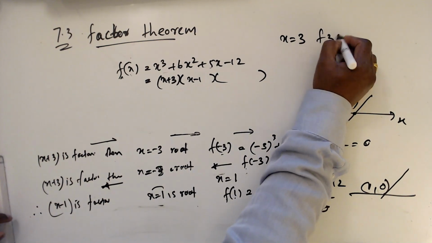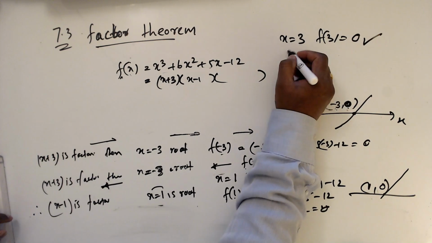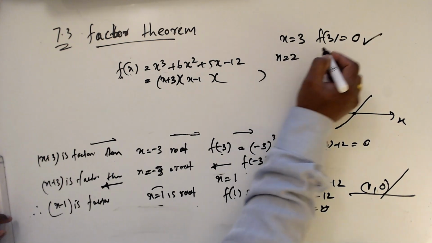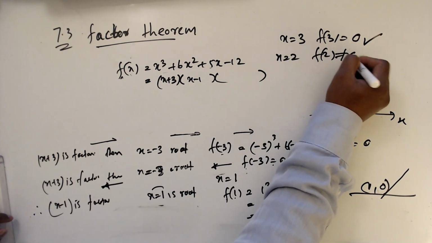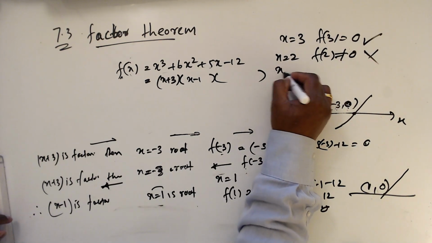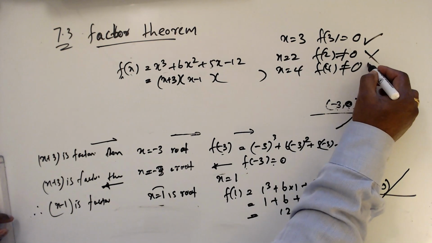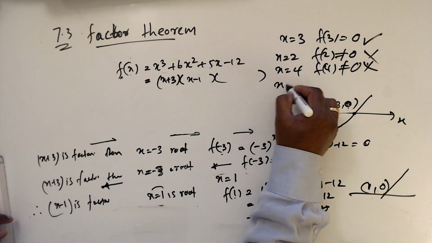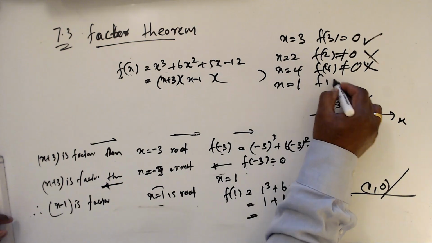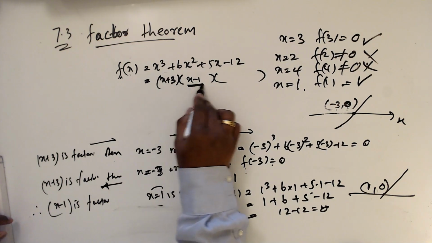Then f(3) is 0. Yeah, it works. Now, when you put x equal 2, if f(2) is not equal to 0, then it doesn't work. And you put x equal 4, then if f(4) is not equal to 0, it doesn't work. And x equal 1, when you put f(1) equal to 0, then it works. Then x minus 1 is a factor.